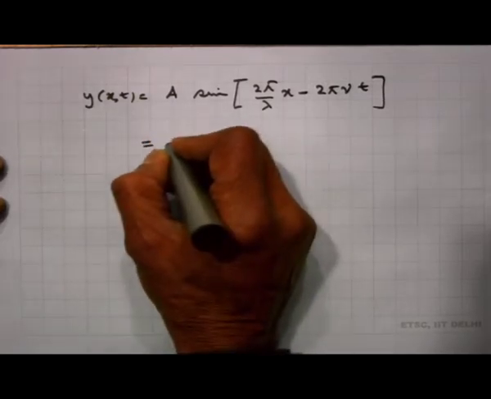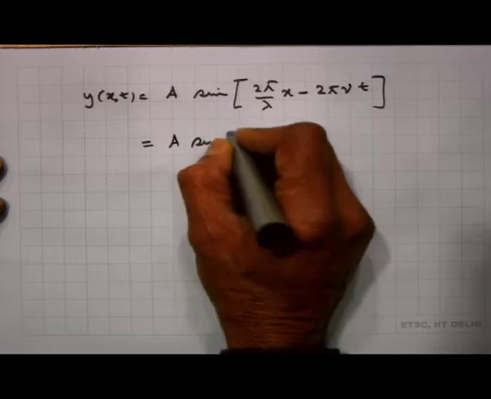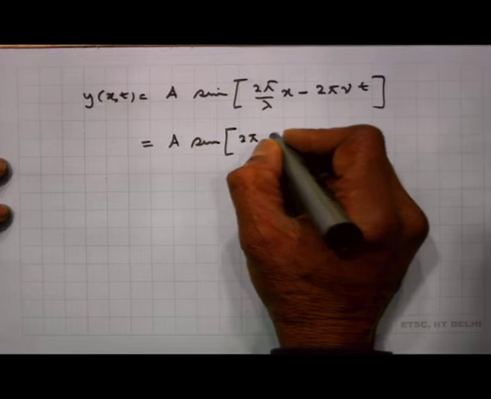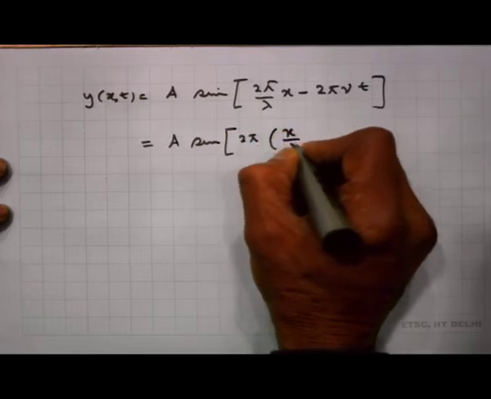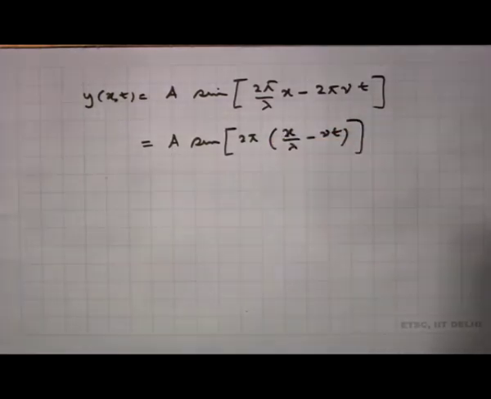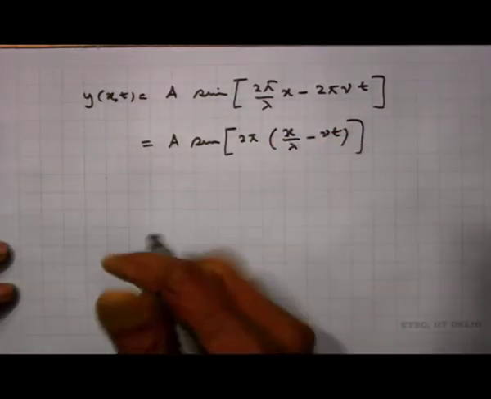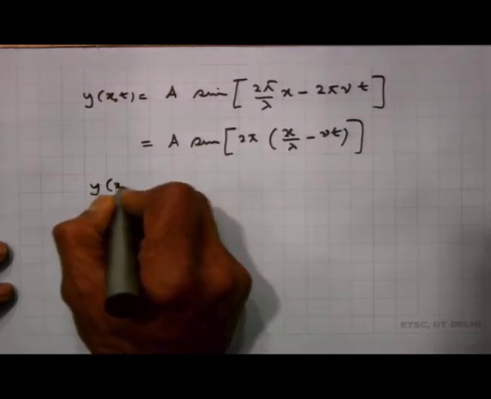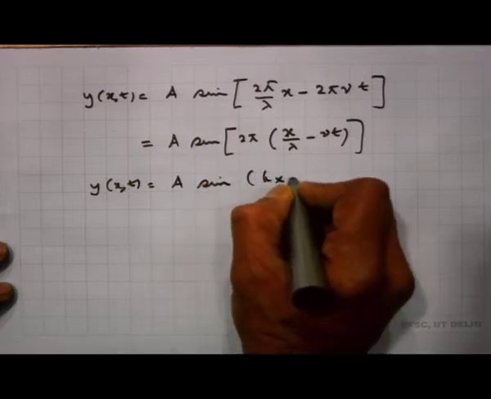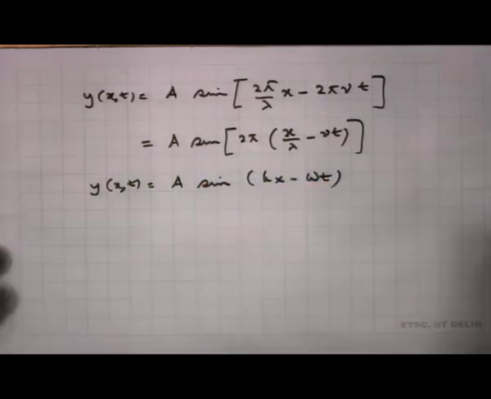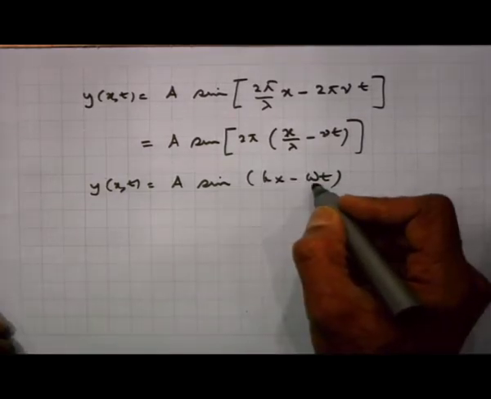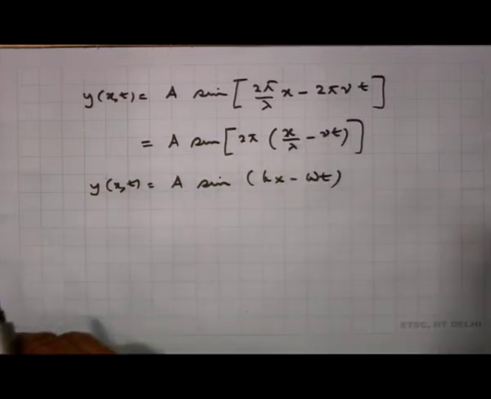So, this I can write as a sin 2 pi into x by lambda minus nu t. So, this is the equation in terms of wavelength and frequency. Otherwise, the equation can also be written as a sin k x minus omega t. These two are the same equations. This is written in terms of wave number and angular frequency, this is written in terms of wavelength and frequency.